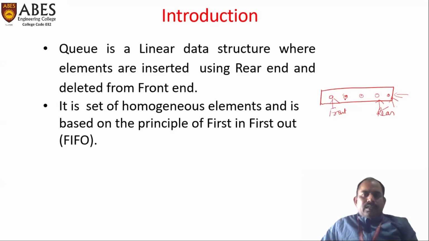The element we inserted last is at the rear end, and the element we inserted first is at the front end. So here we are using the first in, first out principle. Basically, a queue data structure is used to store homogeneous elements and follows the first in, first out principle for inserting or deleting elements.